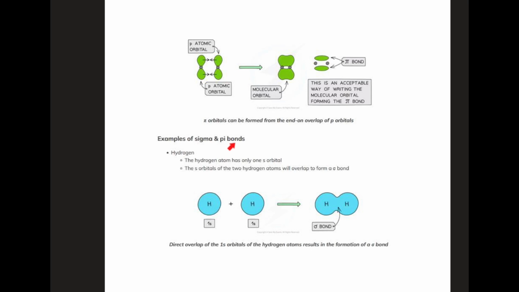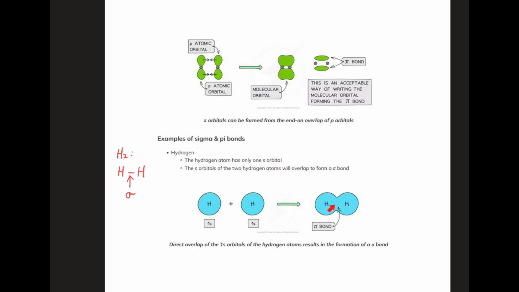Sigma and pi bonds. For hydrogens, deciding whether they form sigma or pi bonds is very easy. You know hydrogen is H2, with a single bond. So this is going to be a sigma bond. Hydrogen atom has only one s orbital, so you can see here, s orbital.